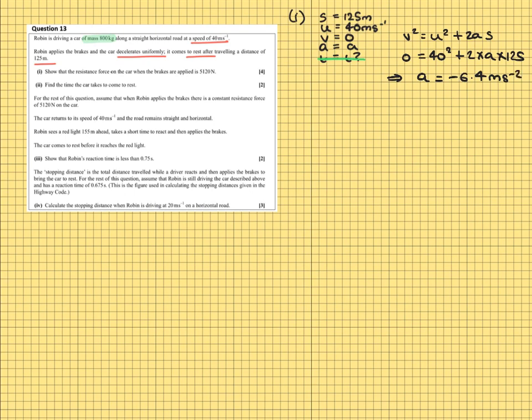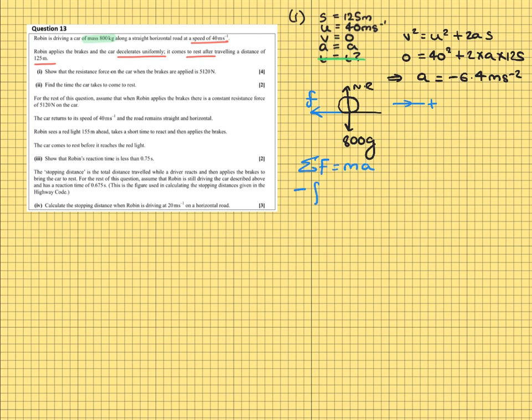Now, if we think about the forces acting on the car, we have a normal reaction force acting upwards, we have the weight of the car acting downwards like that, and we know that there is a braking force which generates this resistance force, which we will call F. I will take this direction as positive, and then F equals ma.